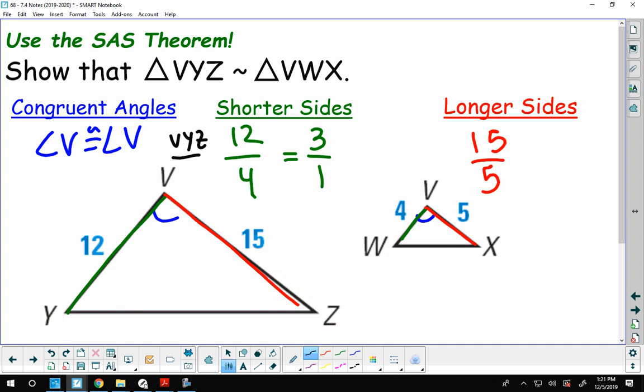VYZ and then VWX. And 15 divided by 5 is also 3. So this simplifies to 3/1. So yeah, my included angle is congruent, and the corresponding side lengths are proportional. So therefore, we can conclude that triangle VYZ is similar to triangle VWX.